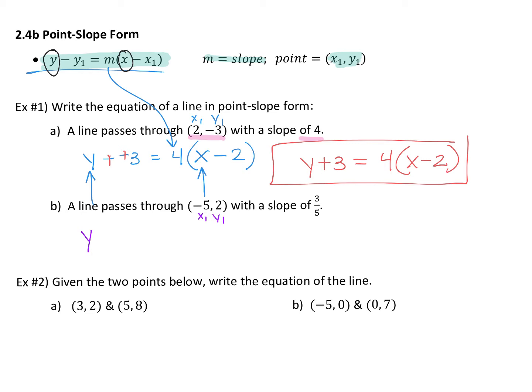Y minus the 2, right? Equals what? 3/5. X minus a -5, which is going to be plus a +5. So y minus 2 equals 3/5 times x plus 5.